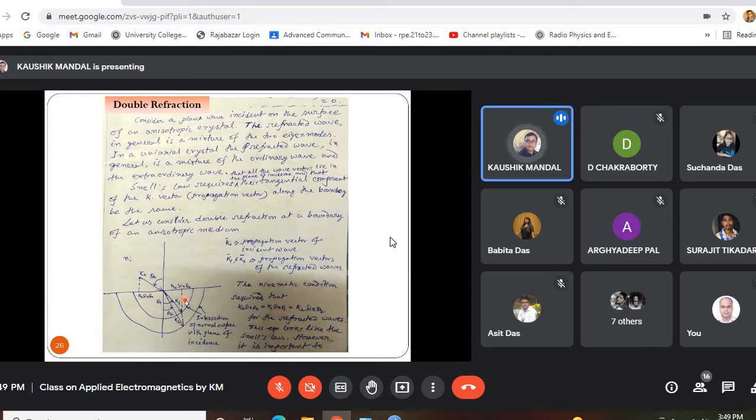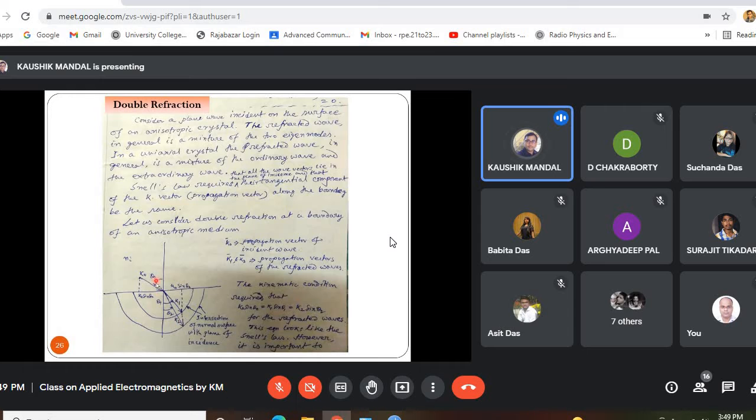Now, once the plane wave is incident on this boundary, it will be refracted and follow Snell's law.